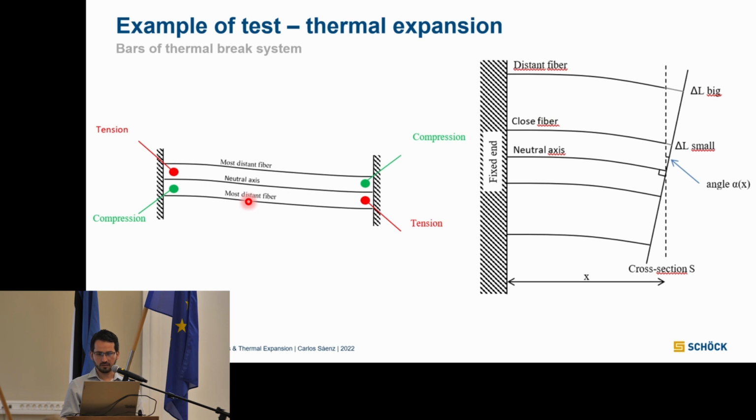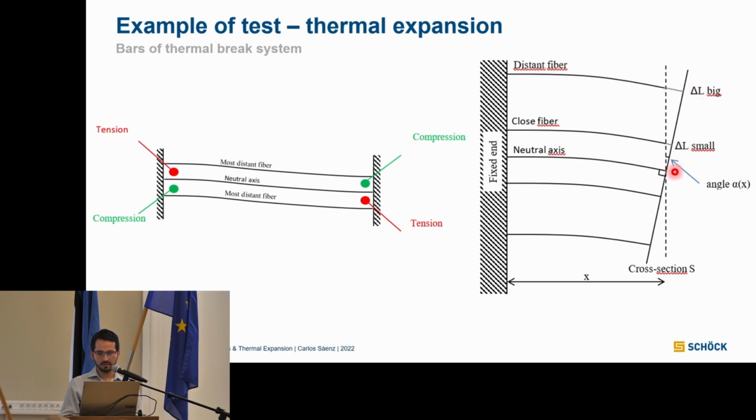And if we take an even closer look, you get to see this rotation that we have in these fibers. So what happens here is that these fibers become smaller, but the other ones, those elongate.